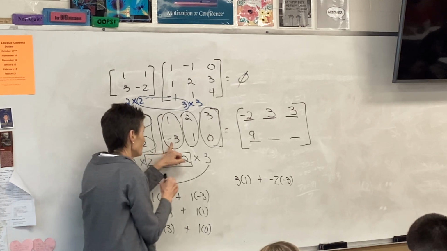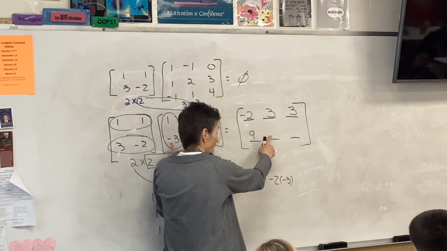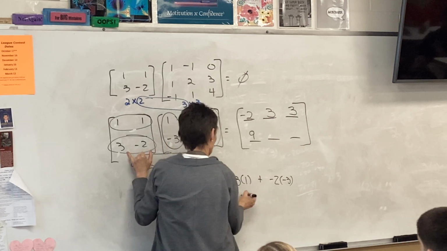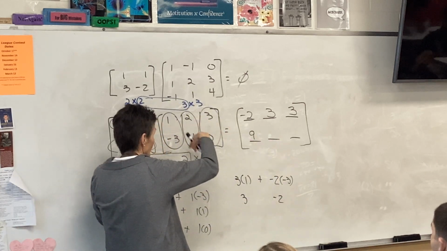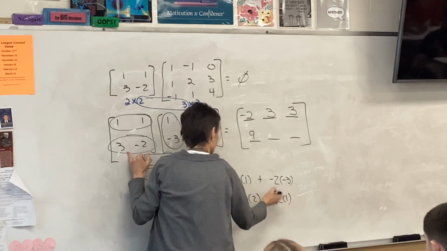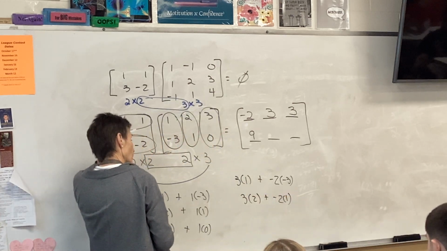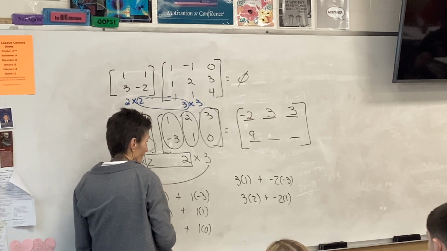And then, what's this? Second row, so still 3 and -2, but now it's the second column, 2 and 1. So what's that? Multiply each pair and add them up. 4.